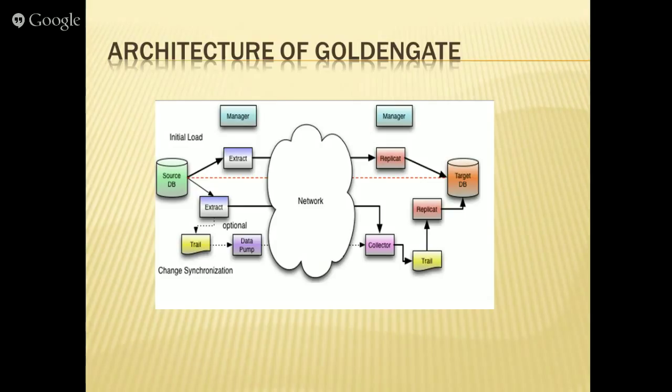Previous to Goldengate, Oracle used to offer a solution which was Oracle Streams. But a lot of people, including us, faced some performance issues with Streams, and it was not a complete solution. For example, some of the data types were not supported, and some of the RDBMS types were not supported.